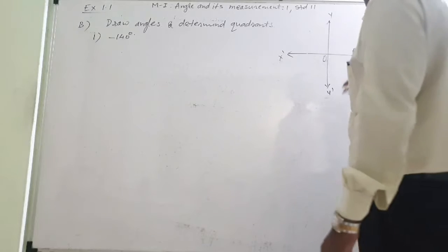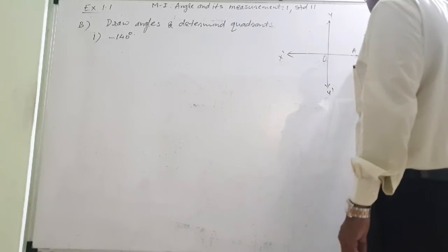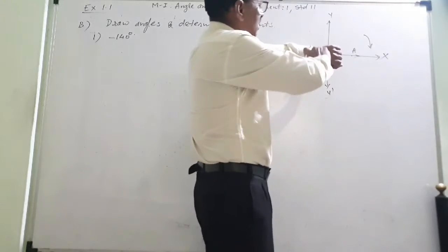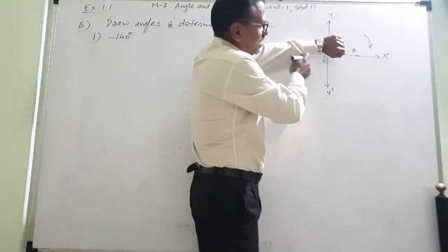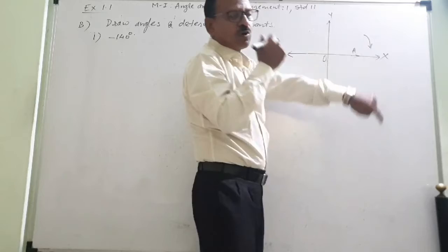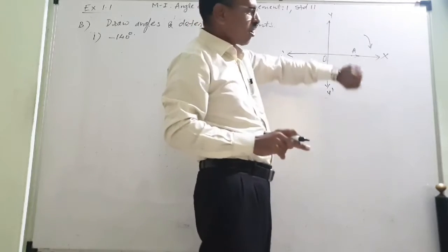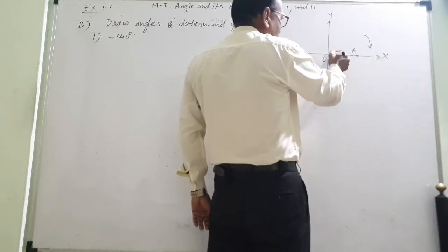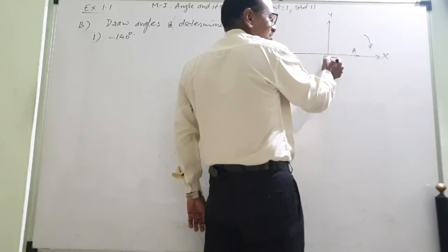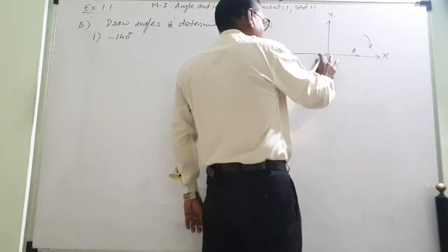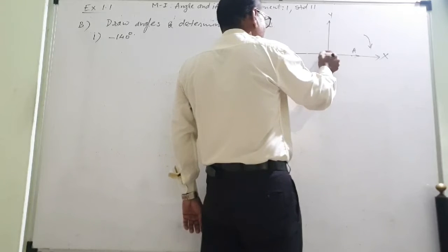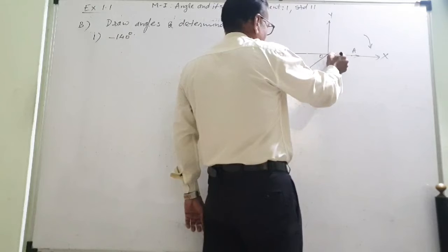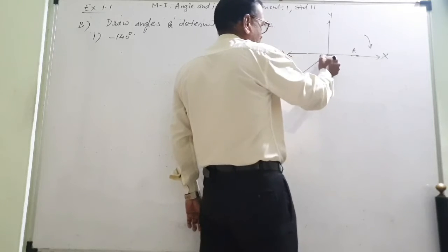Now negative means I have to go in the clockwise direction. This direction means the way the clock is moving. So this is clockwise. Clockwise means negative. So minus 140 degrees. Up to this is 90, and 90 plus how much? 50. So nearly this angle, this way you have drawn.